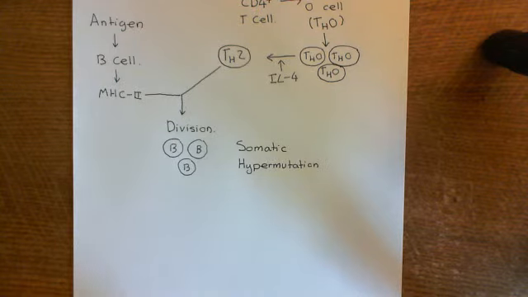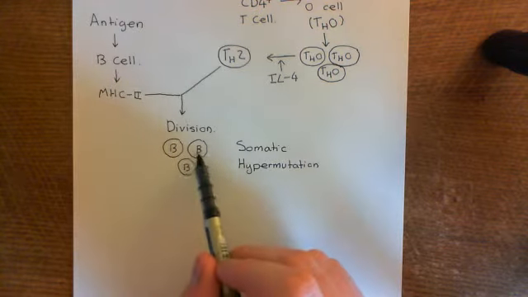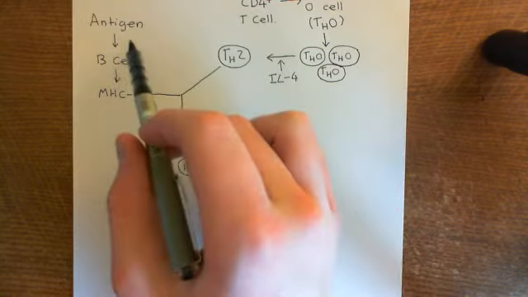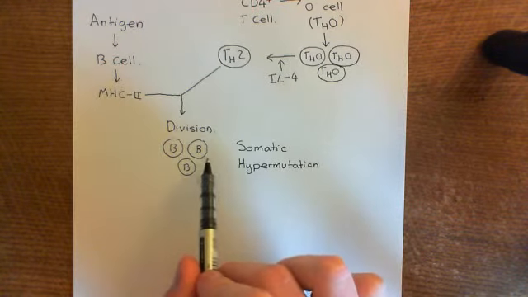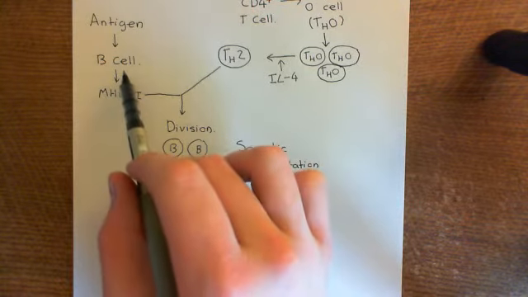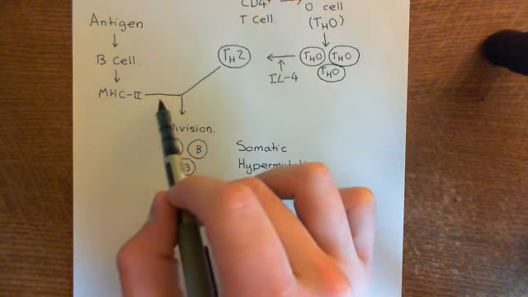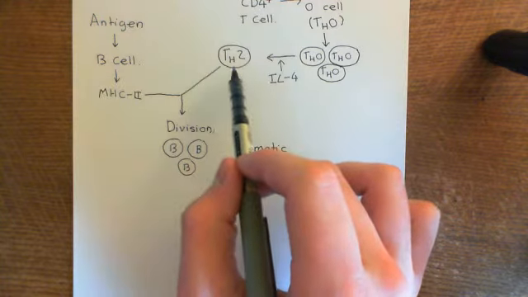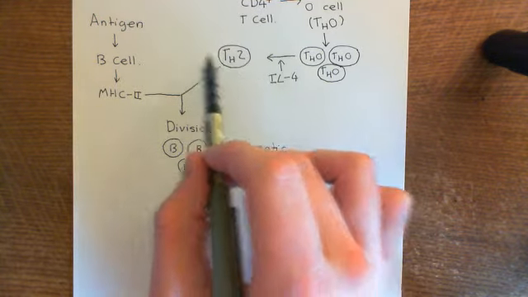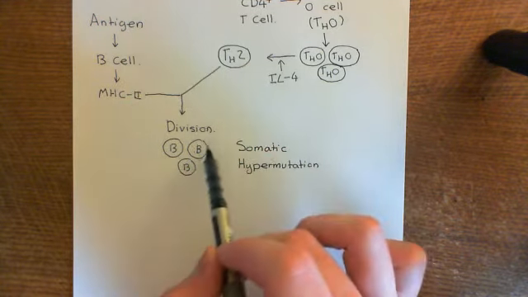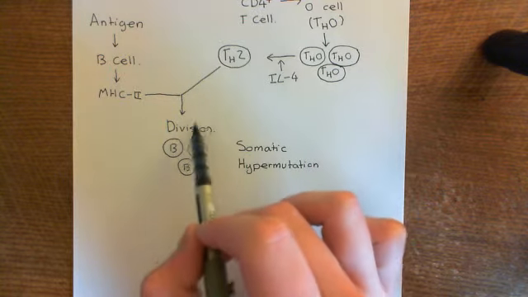Okay, now the ones which get the antigen, what they do is they go through this process again. The antigen binds to the B cell receptor, and they internalize the receptor, break down the antigen, present the fragment on MHC class 2 to a T helper 2 cell. The T helper 2 cell gives them signals which make them survive and also divide.